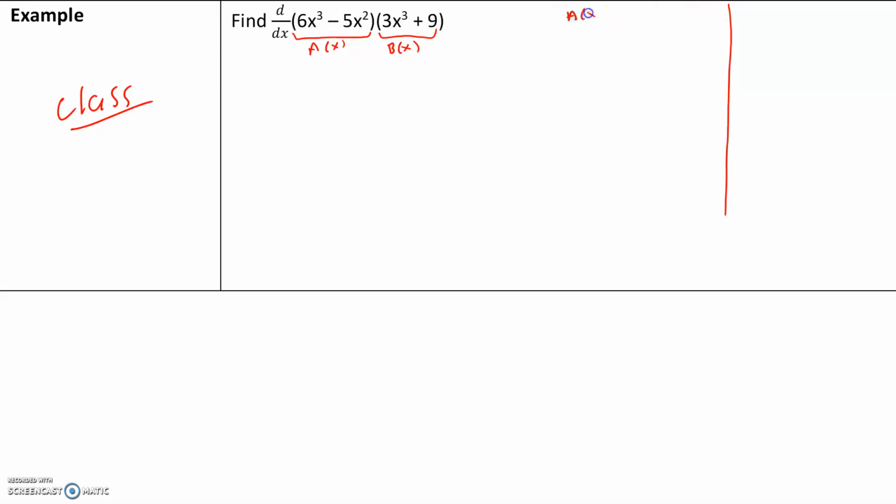I'm going to write out what a of x is, which is 6x cubed minus 5x squared. And now I want to find a prime of x. Then I'm going to say that b of x is equal to 3x cubed plus 9. And then I want to find b prime of x. So all the information I need is organized for us. But let's finish this problem in class.